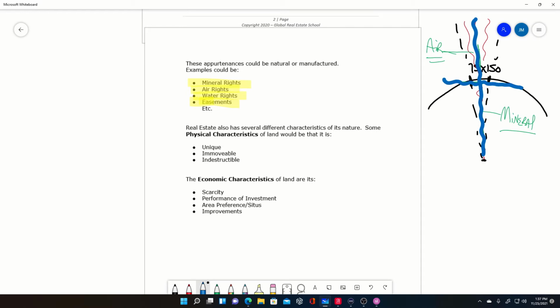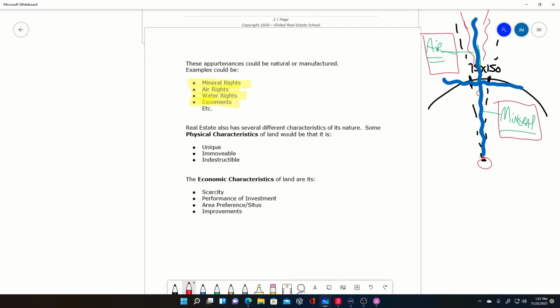And these rights can be sold. So you could sell your mineral rights or the rights down here, and you could sell the air rights as well. So keep in mind that when you buy real estate, you own the surface to the center of the earth to infinity, and you can actually sell off those rights vertically or horizontally. All right.